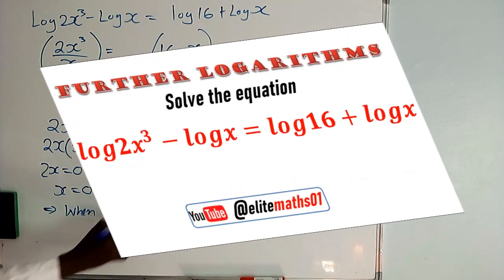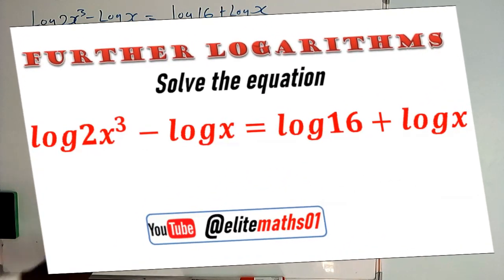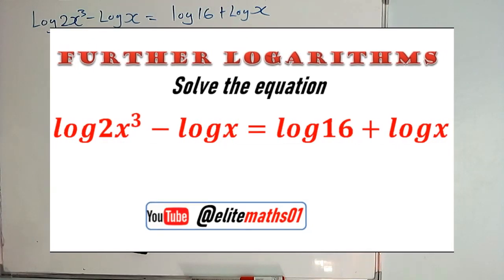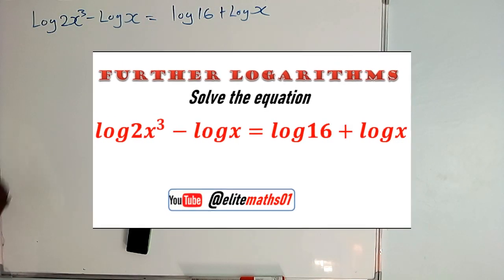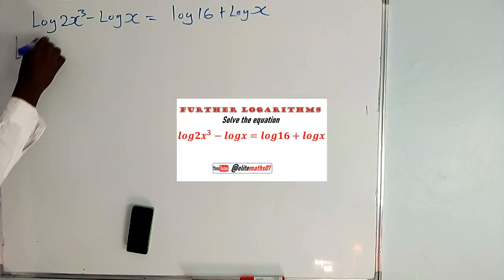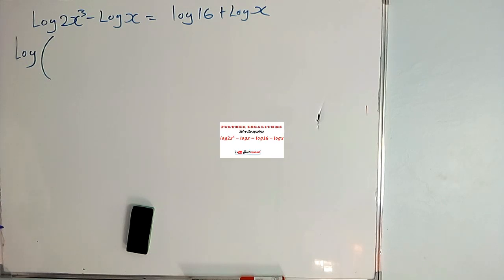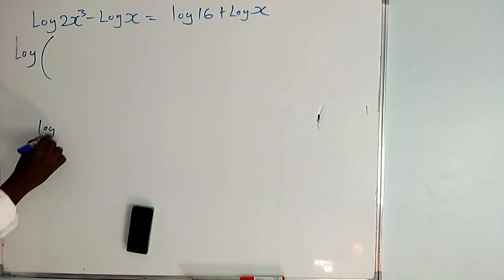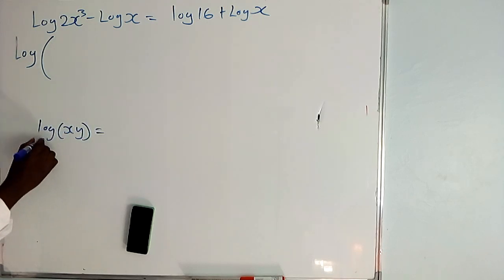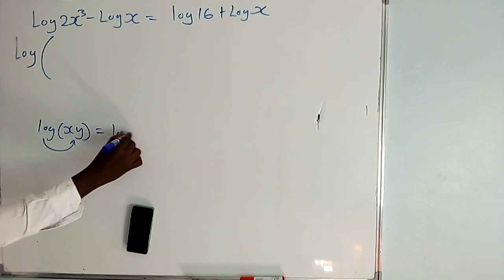So solve the equation log 2x cubed minus log x is equals to log 16 plus log x. That is very simple. For you to solve any problem involving logarithms, now remove the logs. You can remember when you had a case like log xy, if you take the log inside when there is multiplication, it changes to addition.